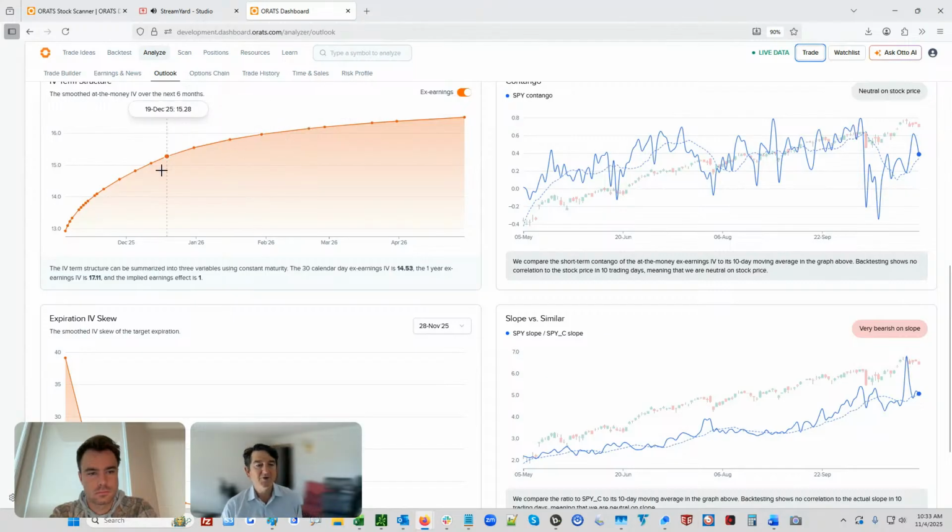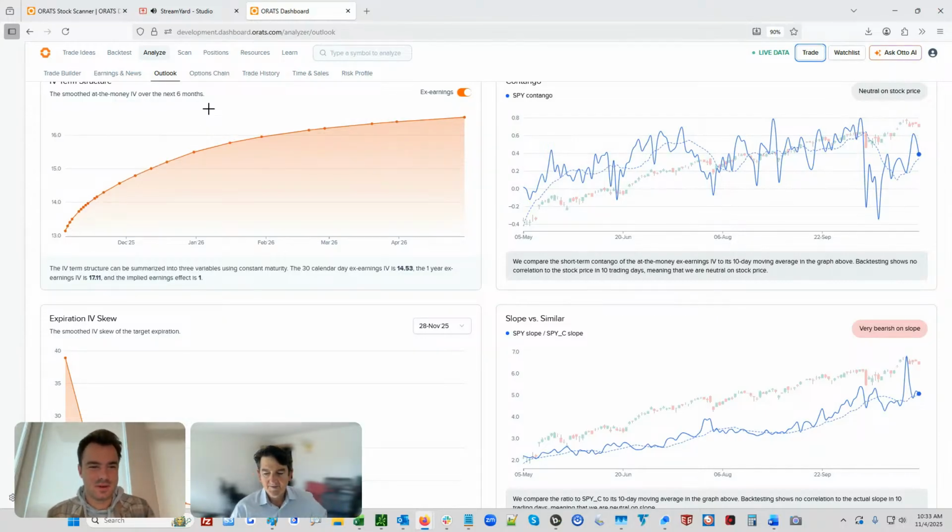People are saying, oh, vol's high. No, right now the back months are really high compared to the front. So it sure seems to me like, if the volatility stays here, this contango might come out of the market too.